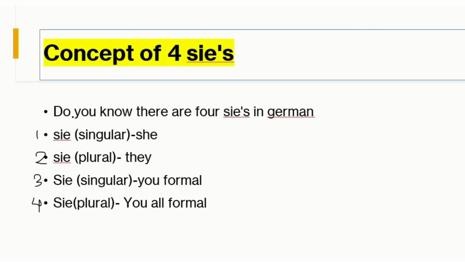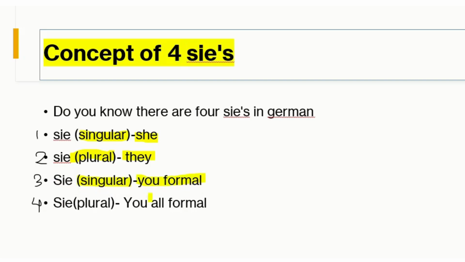Okay, now let us understand the concept of four Sie's. Now see, the first sie right here means she. The second one is they. So this one is used for singular and this is used for plural. This one, the one with the capital S, is singular and it is you formal.